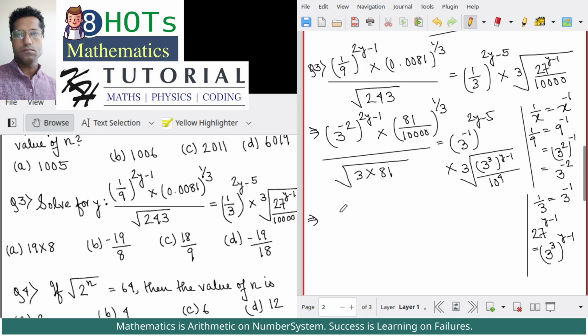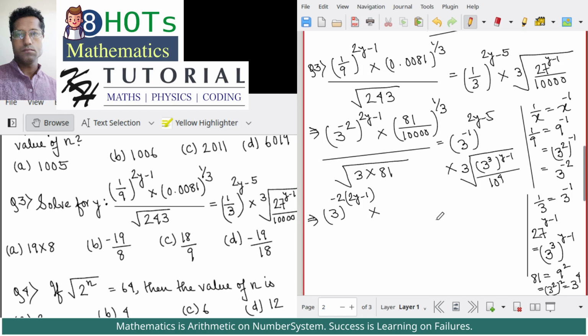minus 1, the powers will get multiplied. So we have 3 raised to the power minus 2 multiplied by 2y minus 1, multiplied by, now what is 81? 81 is 9 square, and 9 is 3 square, 3 square to the power square, so this is equal to 3 to the power 4.